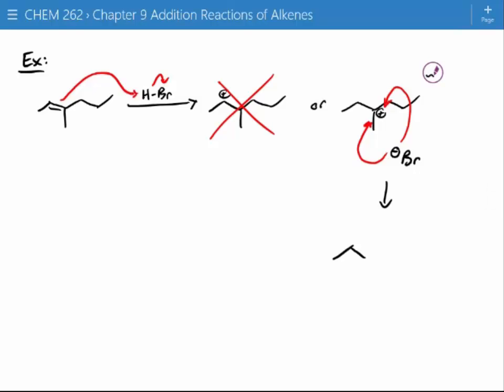So for one of these, we'll have a methyl group sticking out and the bromine underneath. And for the other, we will have our bromine attacking from that top face and our methyl group sticking down.